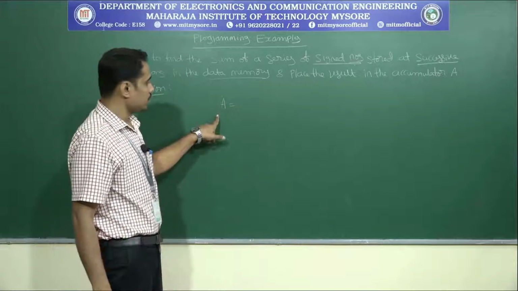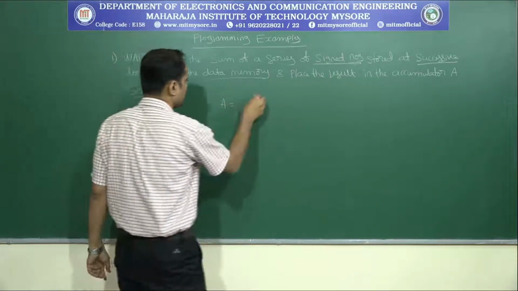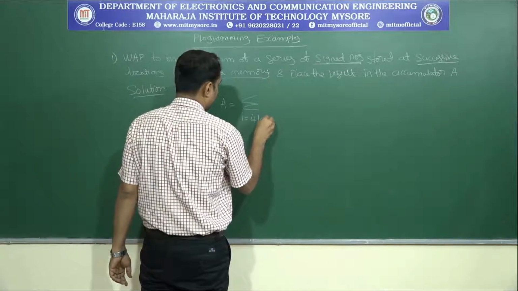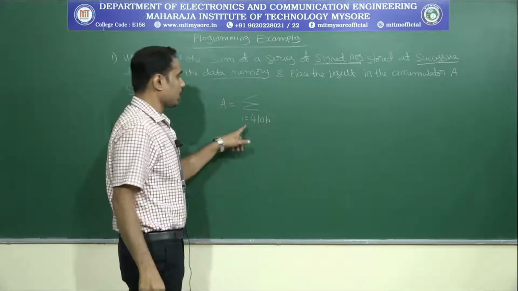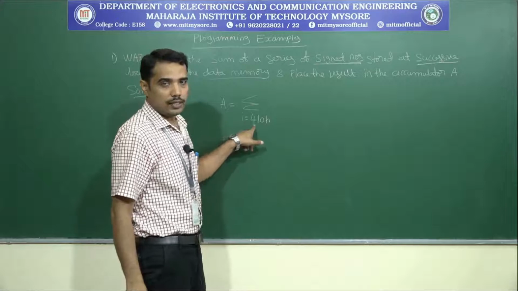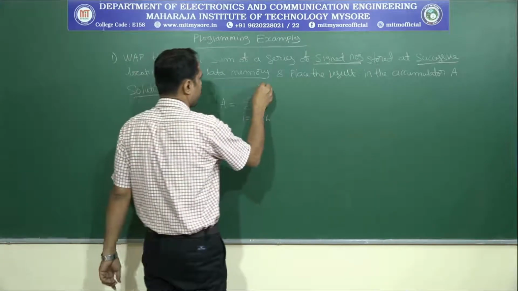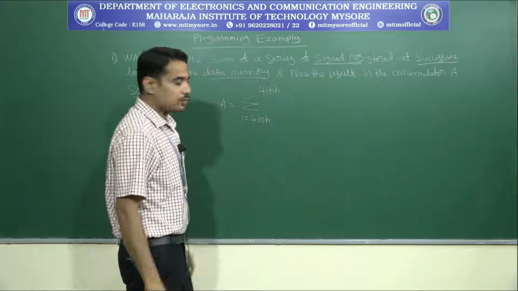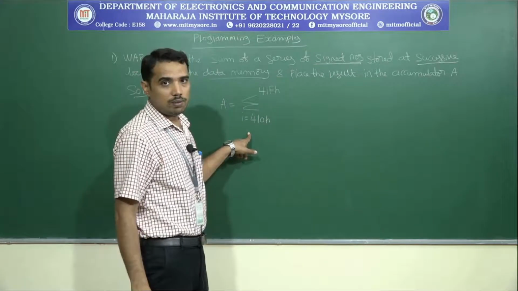A is equal to the summation over I, taking the memory locations starting from 410H up to 41FH. I am considering 16 memory locations.